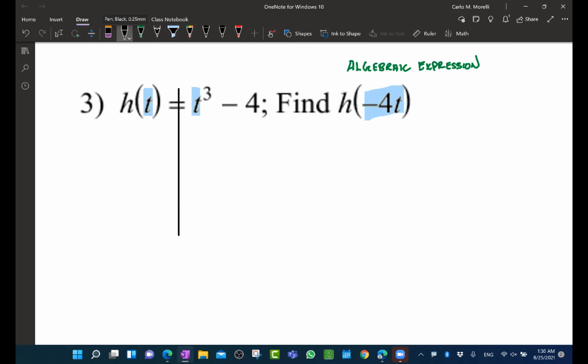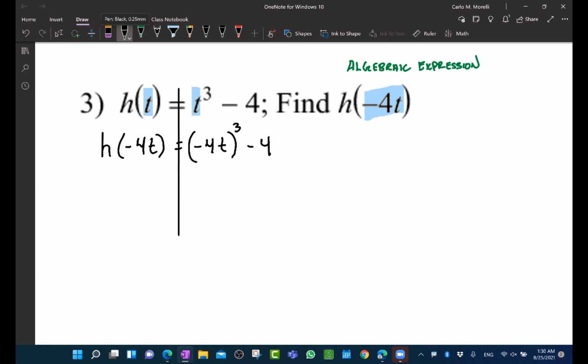So I'm going to write down h, a little bigger this time, h of negative 4t equals, big time importance here, open parentheses, negative 4t, close parentheses, then the 3 up here in the exponent, that's called cubed, minus 4.